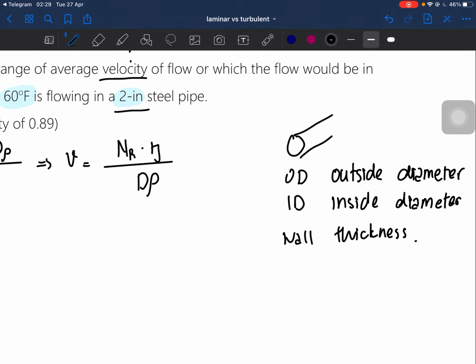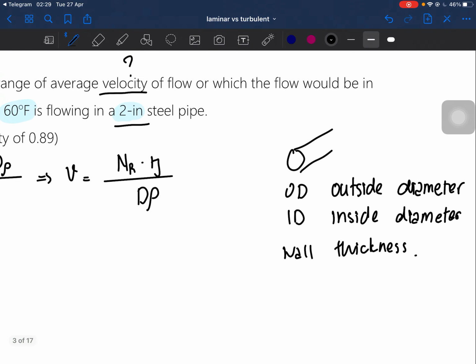So we need to consider all these things, and in this case it's 2 inch, right? So the 2 inch is the nominal pipe size, and the diameter here is 2 inch. So in 2 inch we have the outside diameter as 2.375 here.